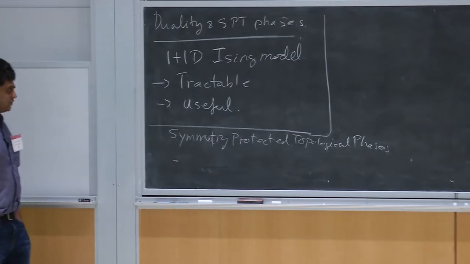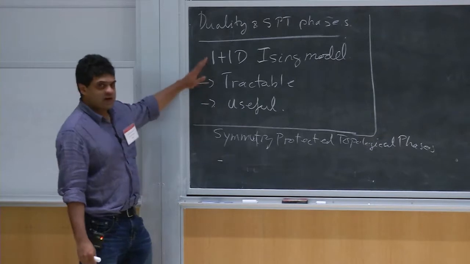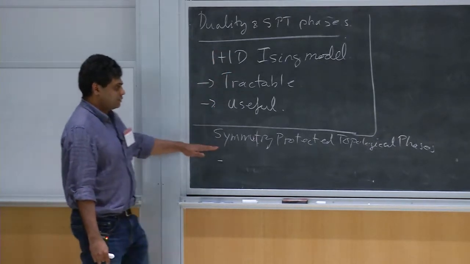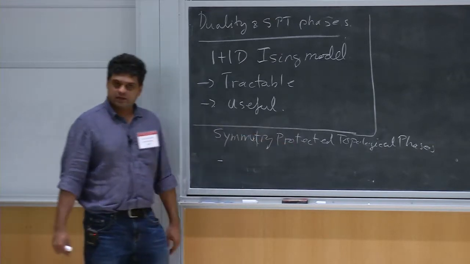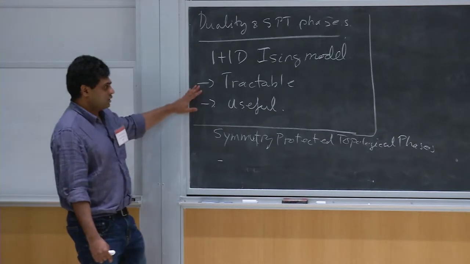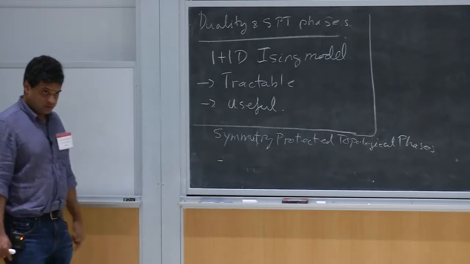At least one set of these phases we'll see can be very easily thought of once you have this duality. It may be hard to think about these symmetry protected topological phases in terms of the original spin degrees of freedom, but once you allow yourself this freedom of going to dual variables, there'll be a very simple picture of what they are.